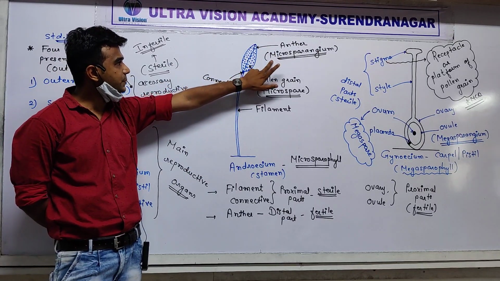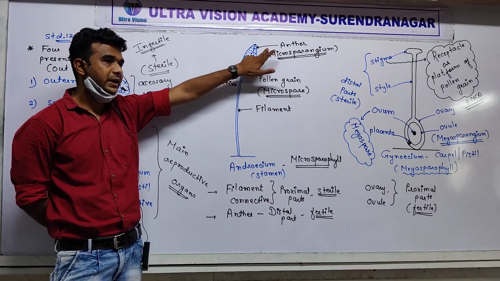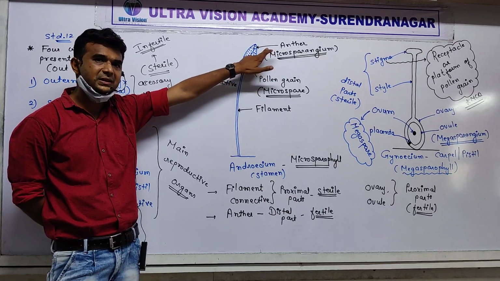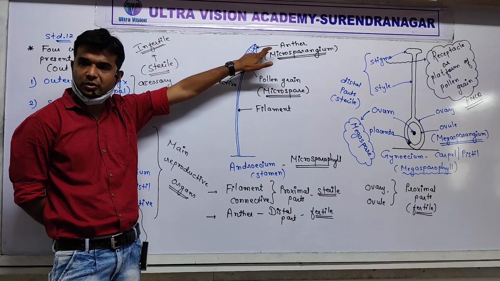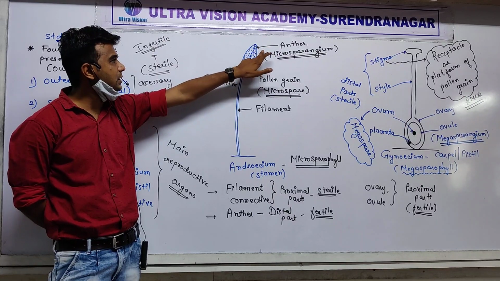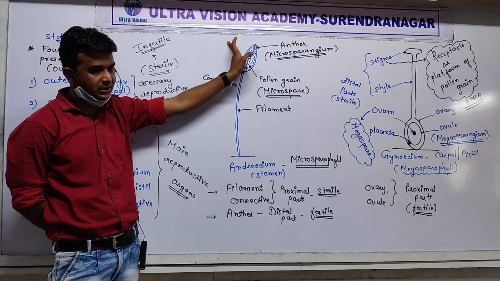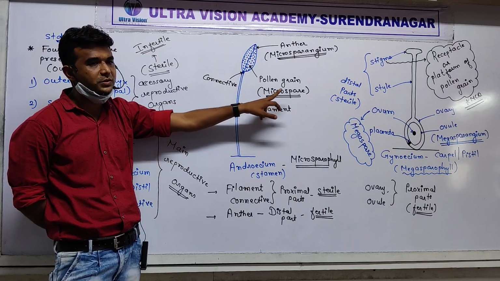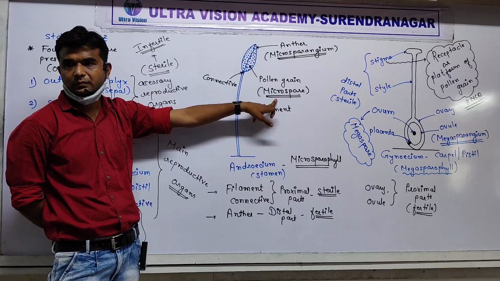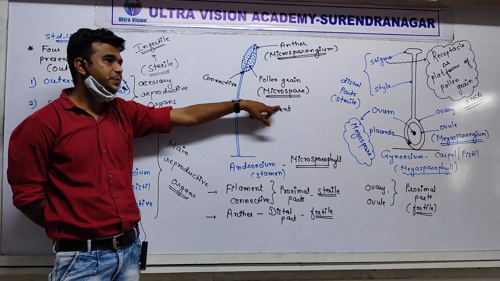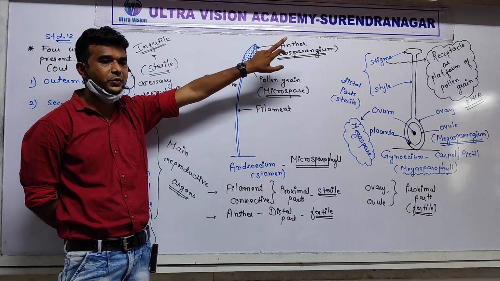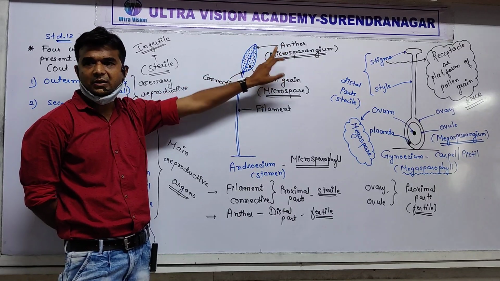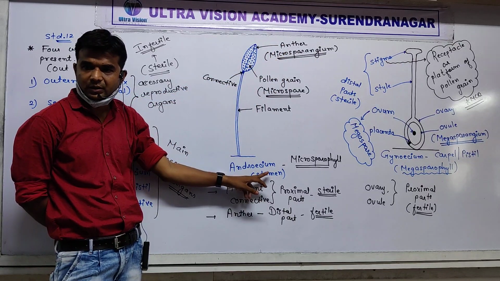So microsporangium means anther in which pollen grains are formed and stored. Whereas anther produces the pollen grain. So pollen grain is also known as microspore. So microspores are present in the microsporangium and it is the part of the microsporophyll.